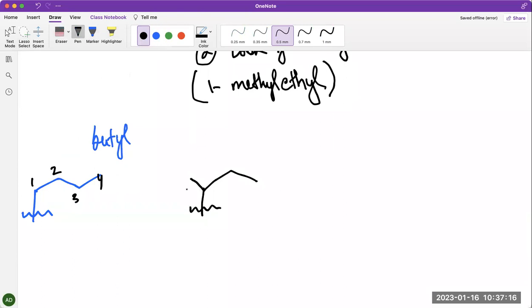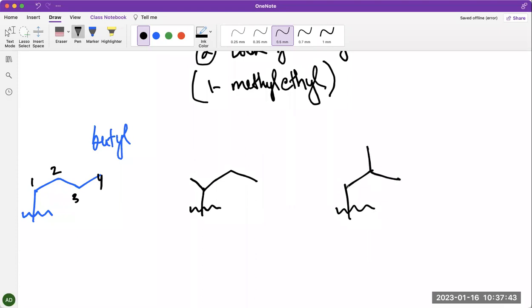This time, the 2nd carbon is the attachment point. In this case, you have to name this differently. So what are the other options? Let's look at all the options right now. The next option is, again, you have the parent chain not shown.